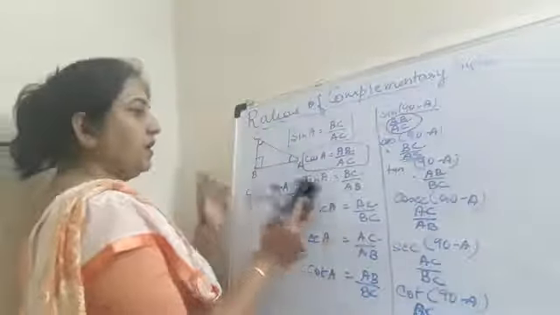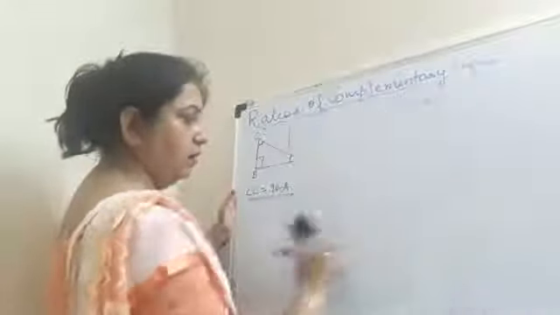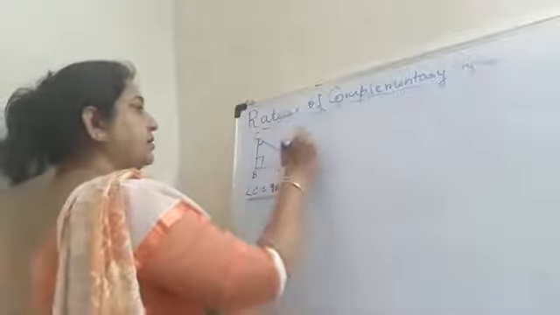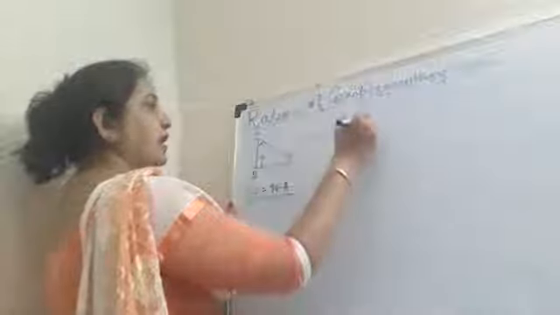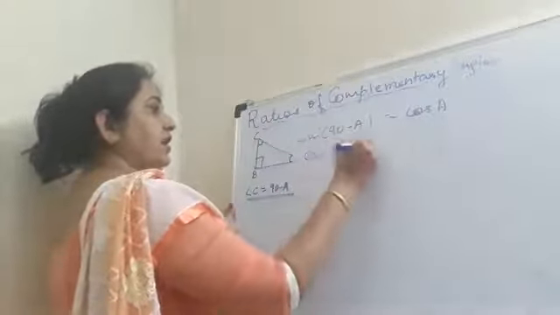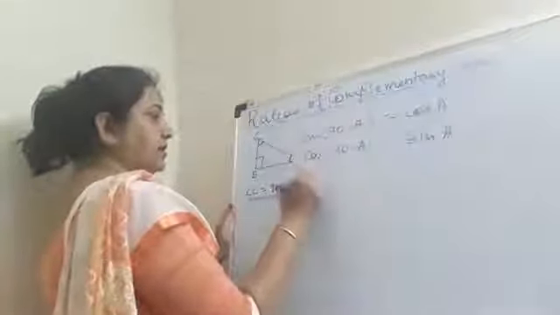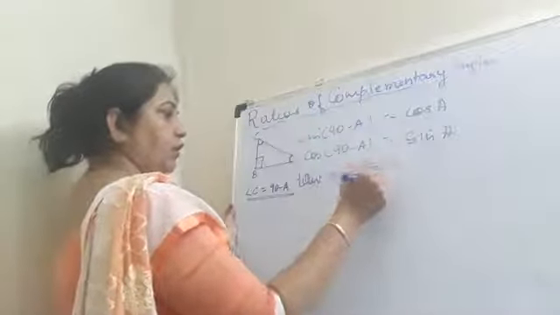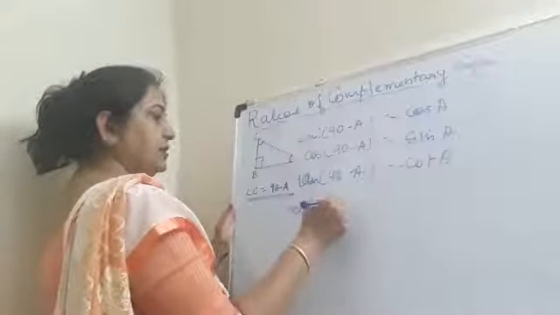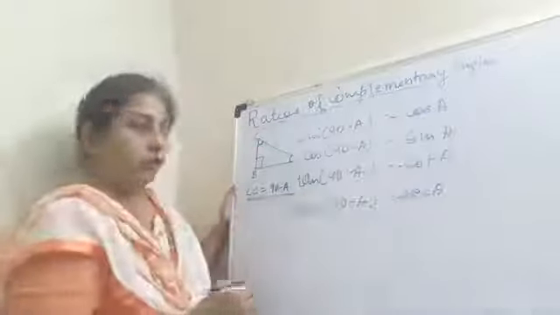Okay. Now I am rubbing this and I am writing the ratios which are equal. So we start again. Sin 90 minus A is equal to cos A. Cos 90 minus A is equal to sin A. Tan 90 minus A is equal to cot A. Cosec 90 minus A is equal to sec A. Are you following?